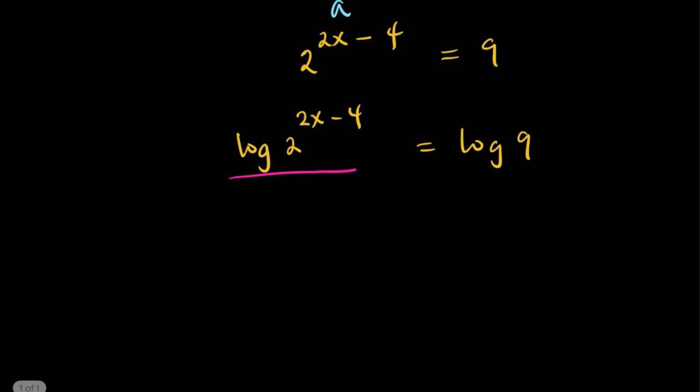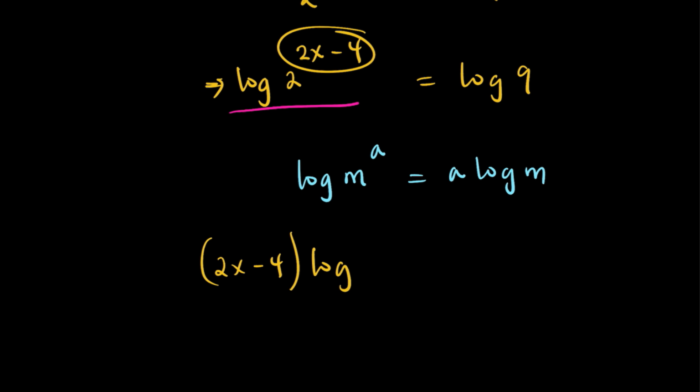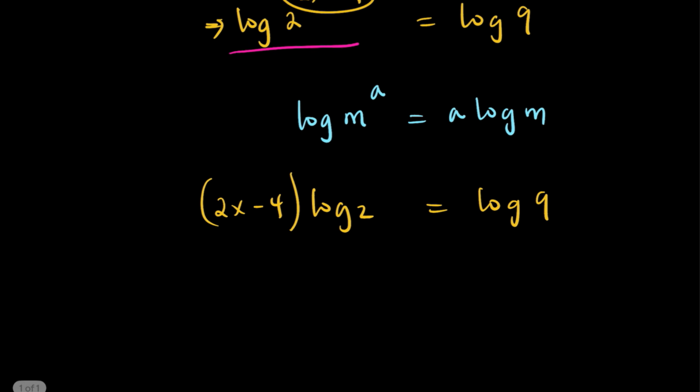This left-hand side expression is of the form log m raised to power a. By law of logarithm, this will give us a times log m. So our equation becomes 2x minus 4 times log 2 is equal to log 9.